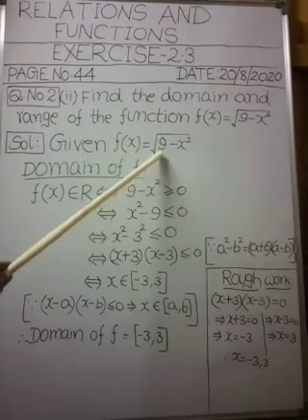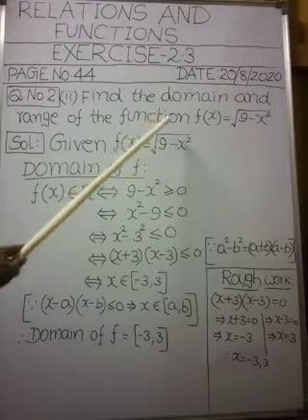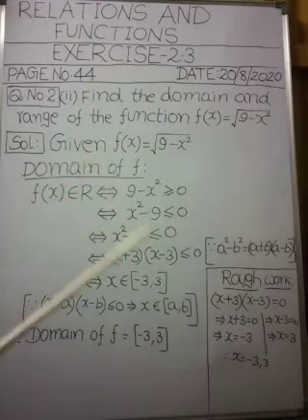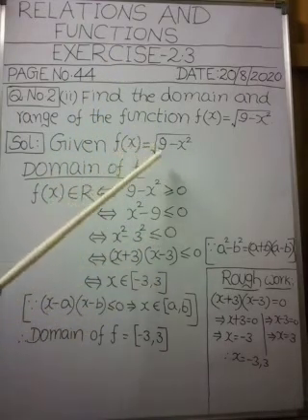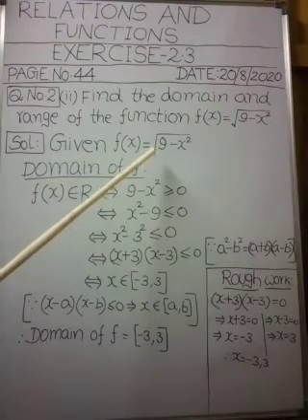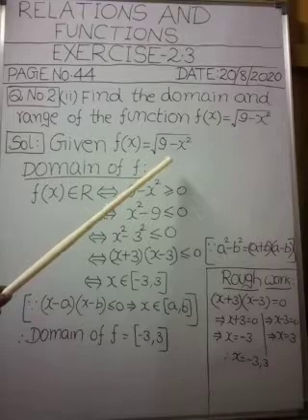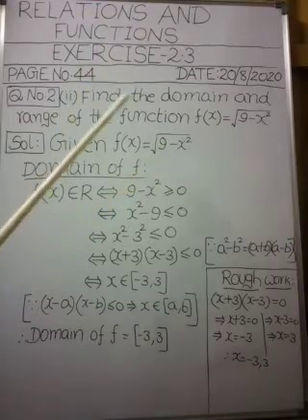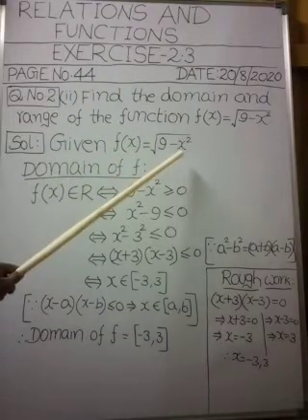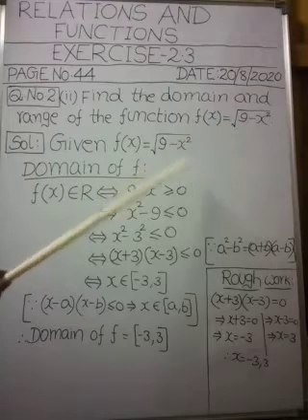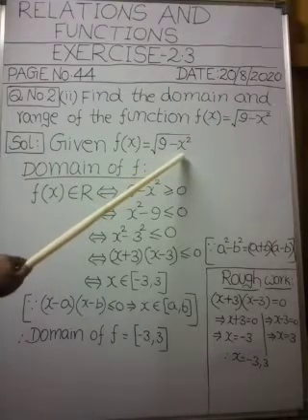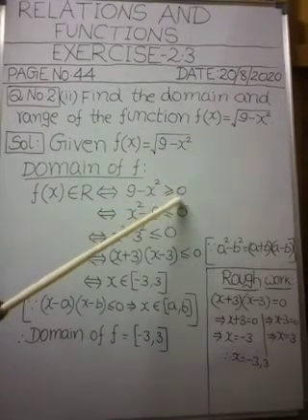The number under the square root must be a non-negative real number. If it is a negative real number, we cannot get a real number. Square root of a negative real number is not a real number. So this number 9 minus x square must be greater than or equal to 0.